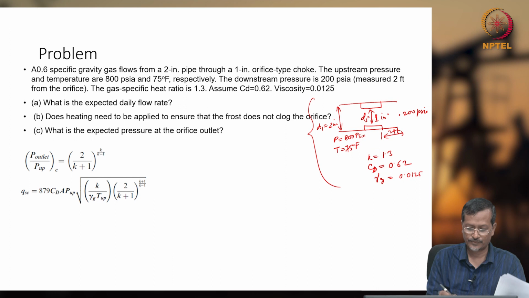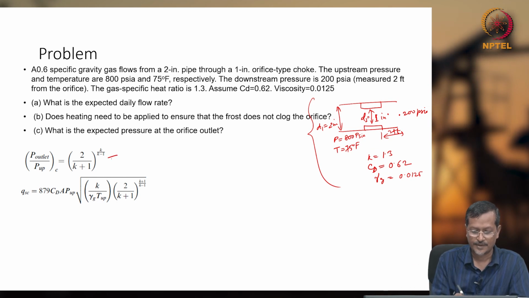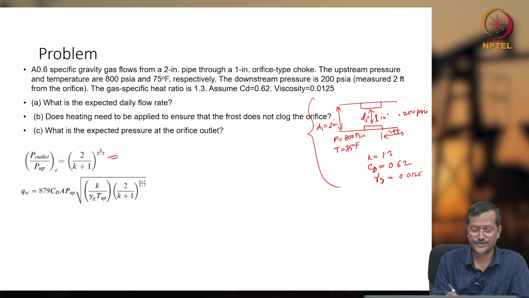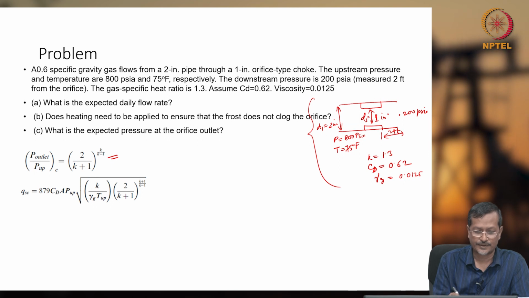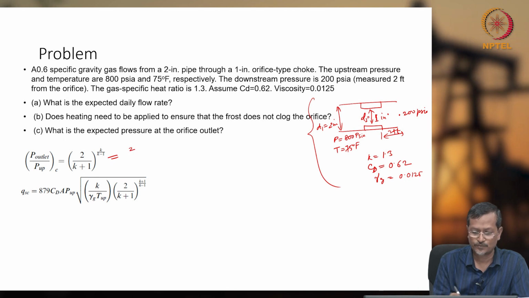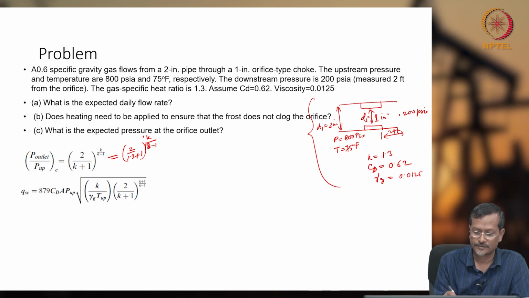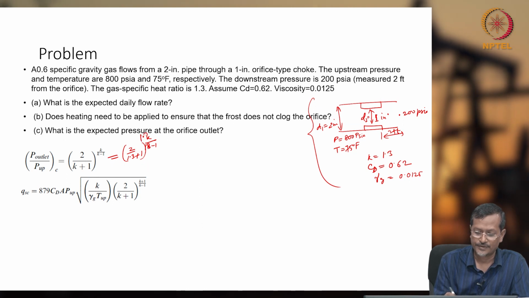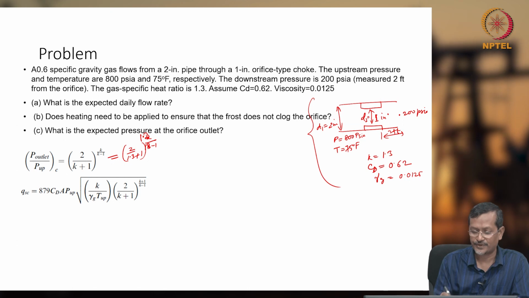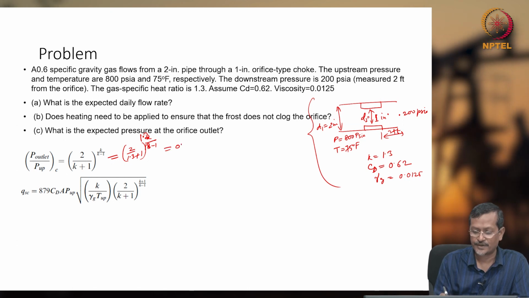First you calculate P outlet by P up, that's the sonic condition check. So the value is (2 by 1.3 plus 1) to the power K by K minus 1, with K given as 1.3, so it is becoming 0.546.